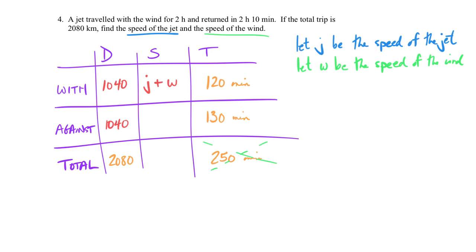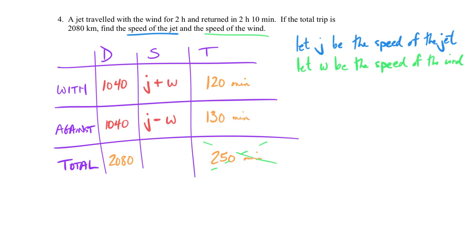If I'm going against the wind, then whatever I set my throttle at, the speed of the jet, I'm going to be slowed by the speed of the wind now. So I need to subtract it. And I can end up doing that within my chart, and maybe you can see a blending of the two.